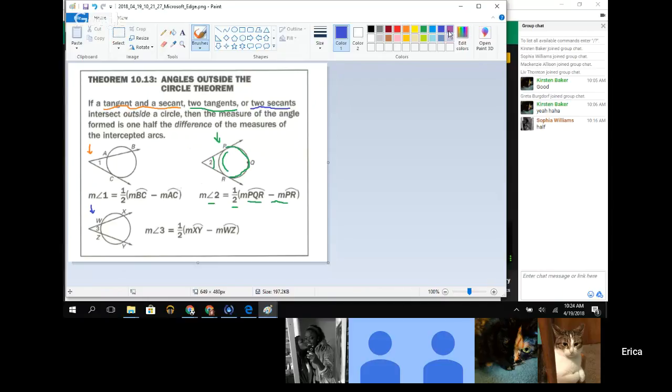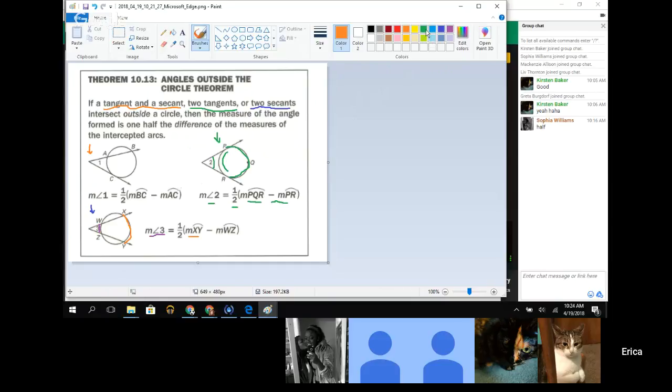Okay, so let me color code this a little bit better for this next one. Same thing, what if I have 2 secants down here? Okay, so the measure of angle 3 is equal to 1/2 times the measure of arc XY minus, and here's XY is this one, right?